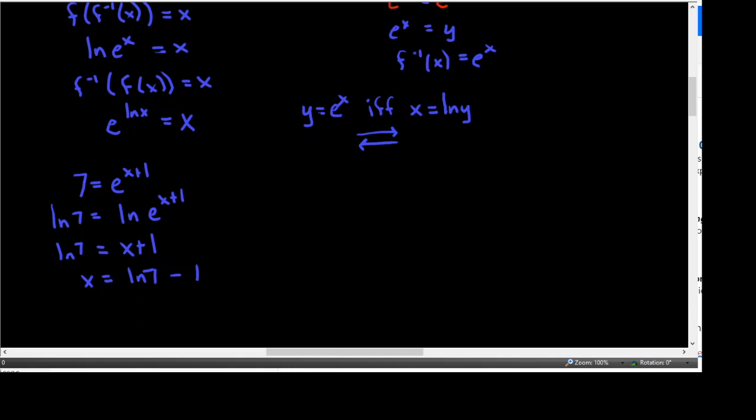Okay, and if you put that in your calculator, if you really want a decimal approximation, or if you're asked for that in the homework, you should be able to type that into your calculator and check that out. Make sure you get this answer. And of course, the other thing you can do is substitute that into the original equation on the right and calculate what e to the 1.946, etc. is, and it should be exactly 7.